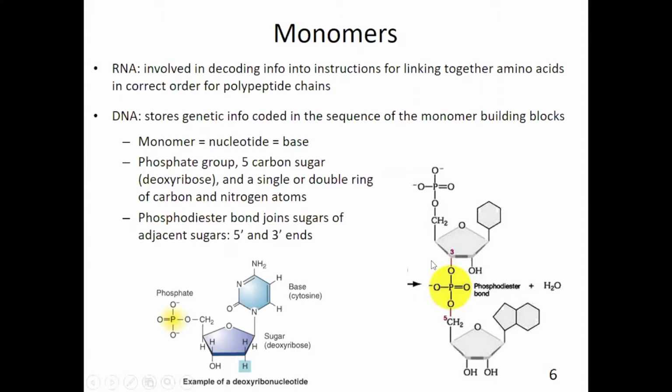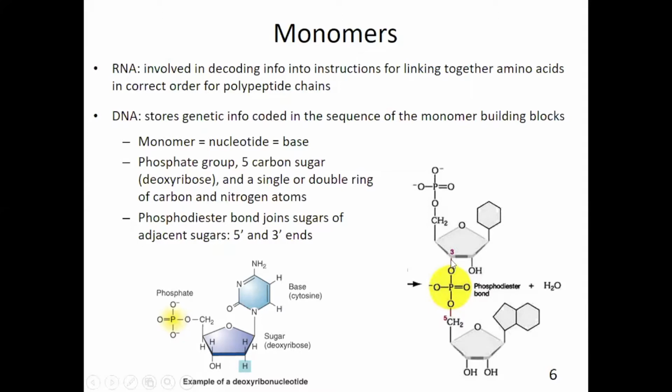The resulting bond that joins the 2 monomer units together after a condensation reaction has occurred is represented here in this dark red color right here. So this bond right here is called the phosphodiester bond.